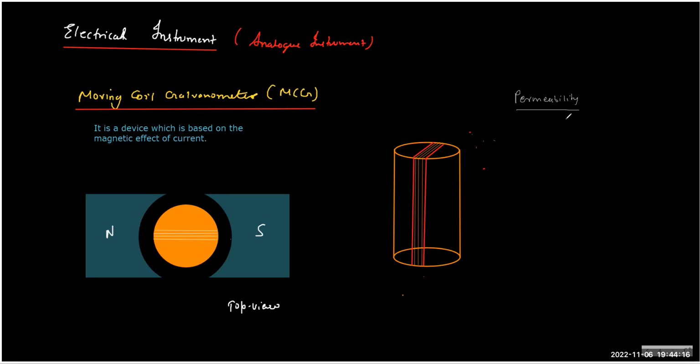Because the loop is wrapped around the core, the lines of force will also pass through the loop, and therefore we will have something called magnetic flux.